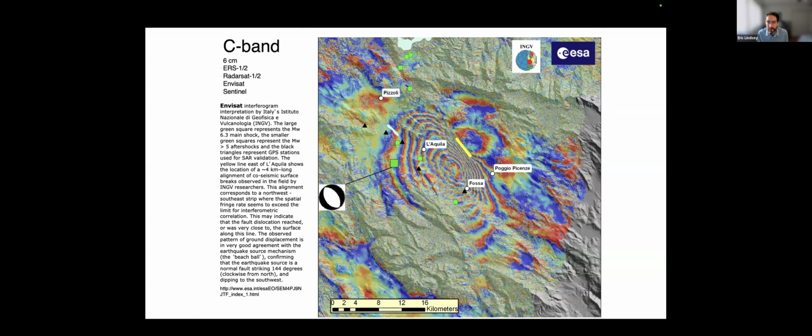In C band, we do a lot better. The C band recovers the image pretty well in all the areas that are basically grasslands, but in the areas that are forests, we can't recover that. In the grassland areas, we can recover the phase. This is pretty good. You could use this for modeling. You're missing a little bit of the data out here, but overall, pretty good.